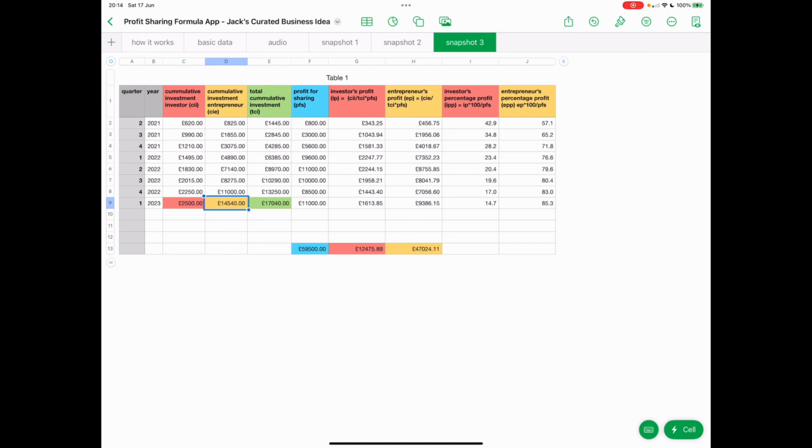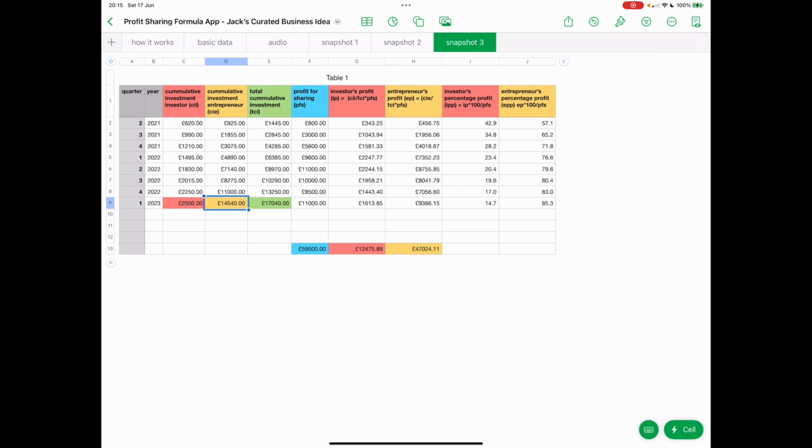For quarter one of 2023, the investor gets 1,613.85, and the entrepreneur gets about 9,386. And you can see the respective percentages of what they get.